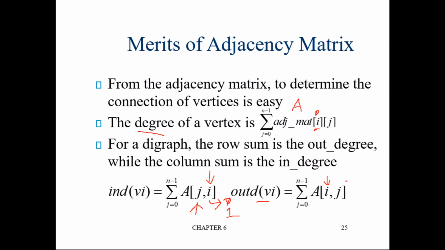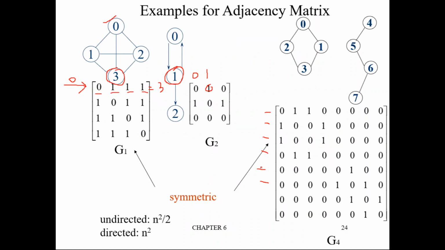For example, if you want to calculate the out degree of node 1, how many out degrees does it have? It has 2. So go to row 1. This is row 0, this is row 1. In row 1, add all the column values: 1 plus 0 plus 1, that is 2. So its out degree is 2. This is how we calculate the in degree and out degree of these nodes.